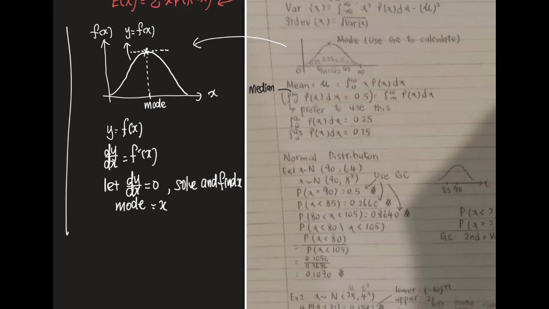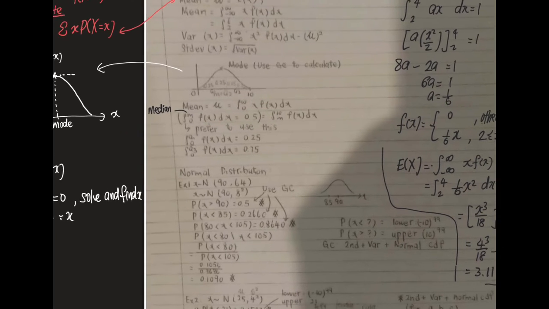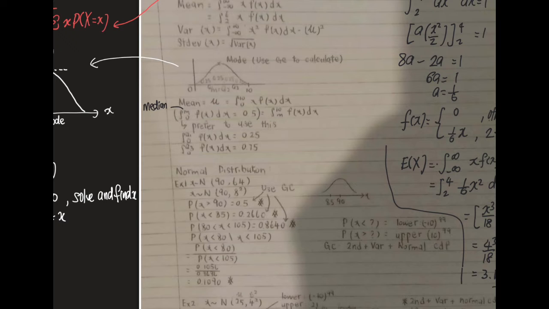Something like this. Let's say if your graph is like this, total area is 1. This is what we discussed already. So median, let's say here, it will separate the graph into half and half on both sides.